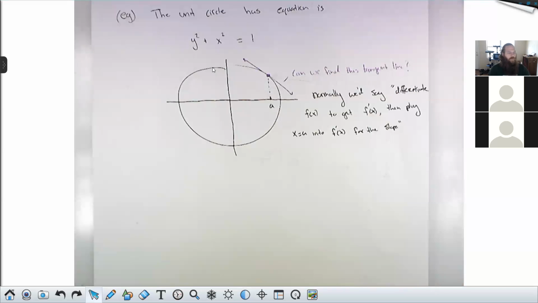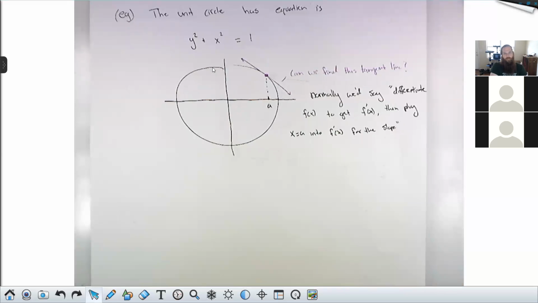Why doesn't that work here? We don't have an equation. Yeah, we don't have f of x, right? I mean, we have an equation, but we don't have a function.